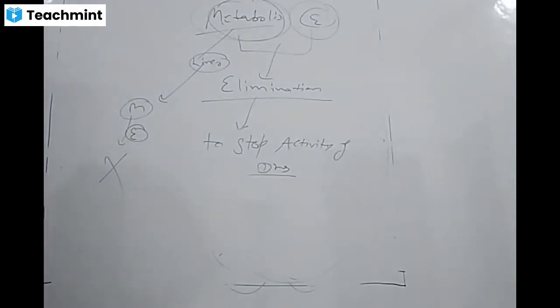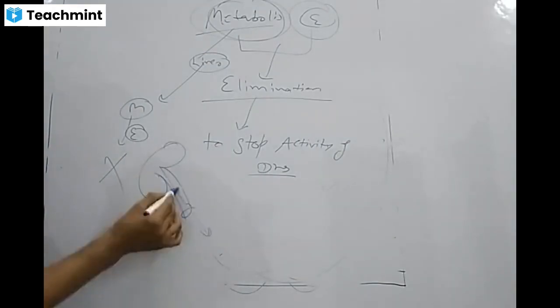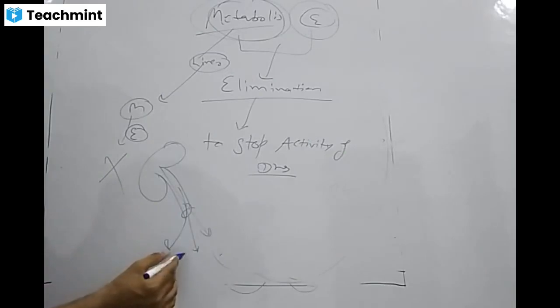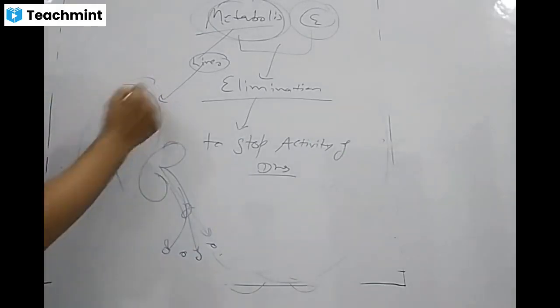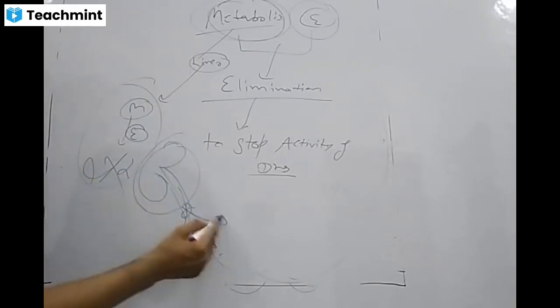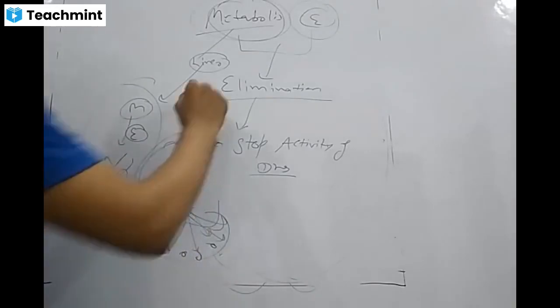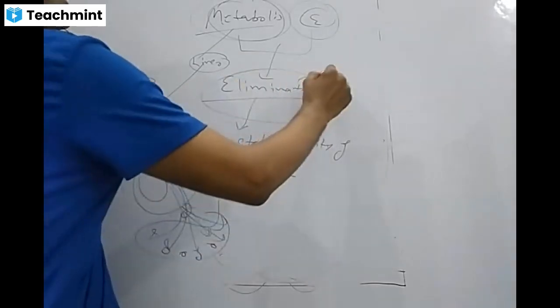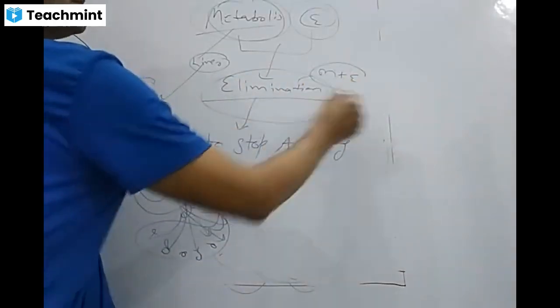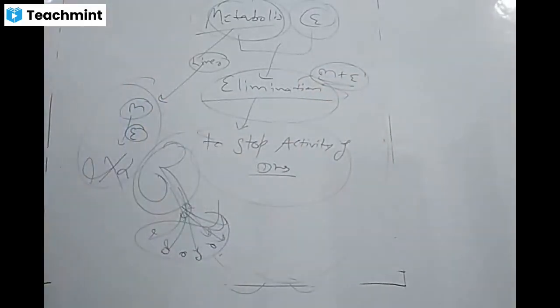It will stop the activity. How will the kidney stop the action? It will excrete the drug out of the body. So in both cases, either you metabolize with the enzymes, you are stopping the action, or the kidney throws the drug out of the body. So elimination means metabolism plus excretion, where we stop the activity of the drug.